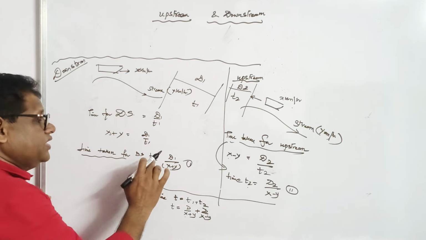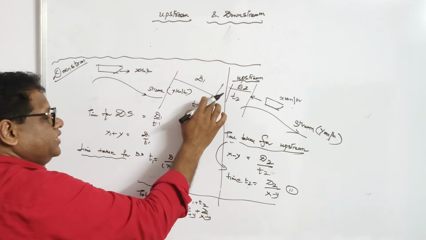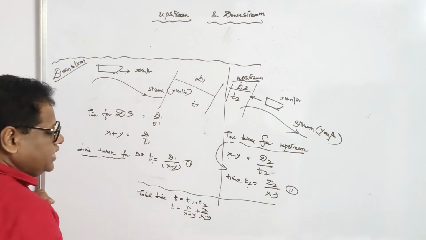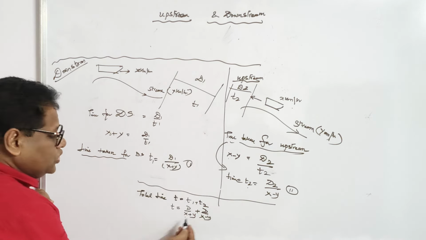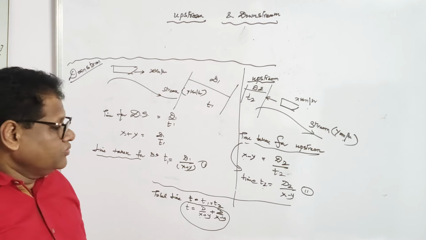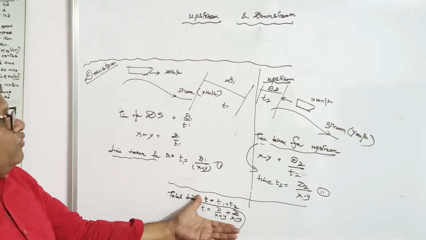But if the distance for downstream is separate from the distance for upstream, you take d1 and d2. Whatever it is, we are equating the total time. So questions on downstream and upstream motions are totally different from normal speed motions. This is the way you can solve this.